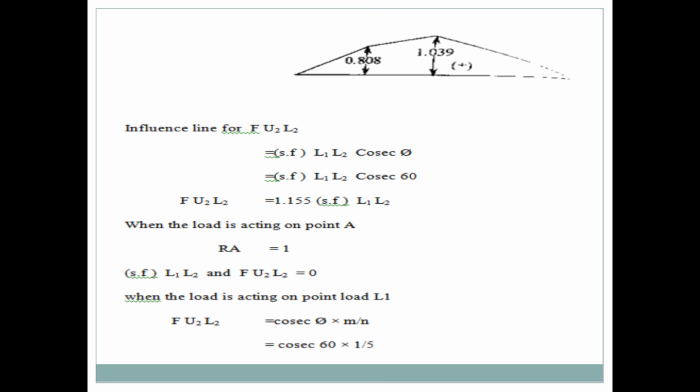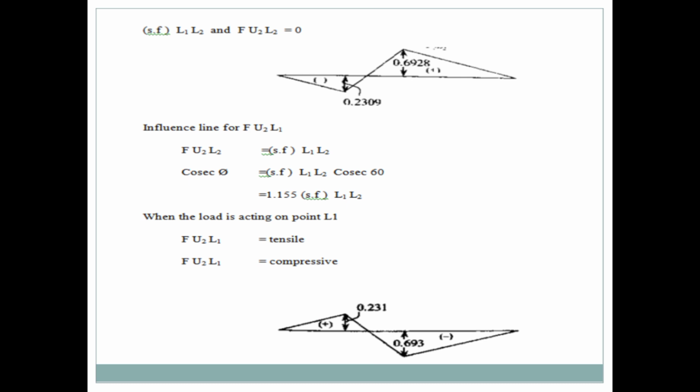When the load is acting on point L1, F U2 L2 is equal to cosecant theta into m divided by n, is equal to cosecant 60 degree into 1 divided by 5. Shear force L1 L2 and F U2 L2 is equal to 0. So this is the influence line diagram for the truss, that is left side 0.230 and right side 0.6928.